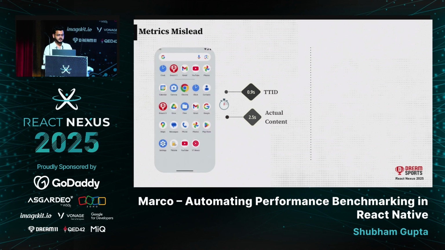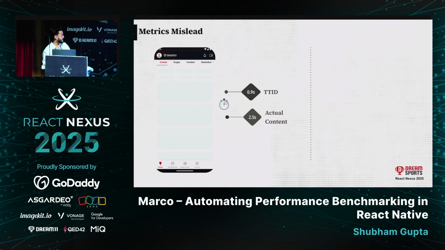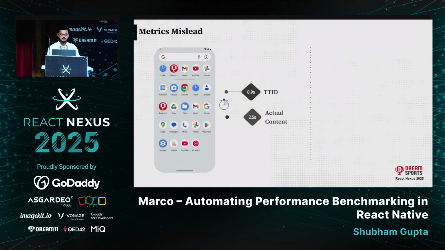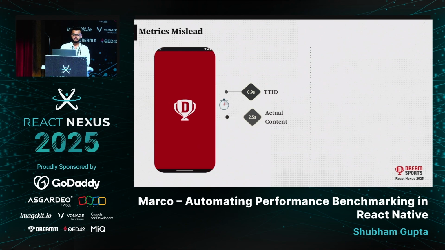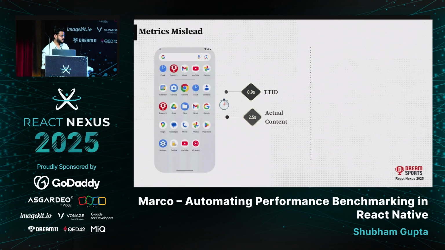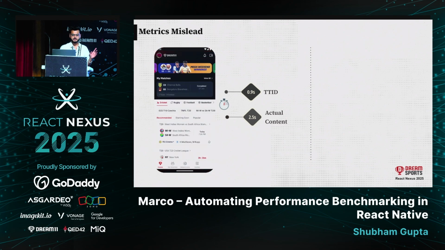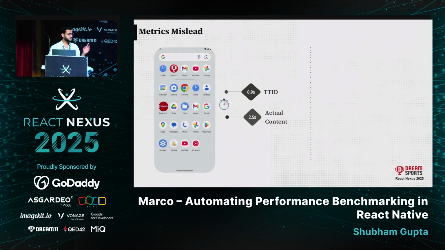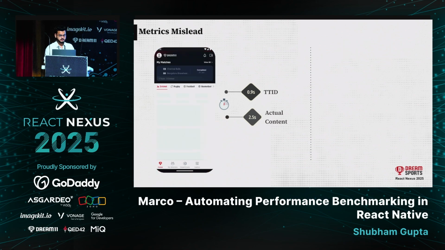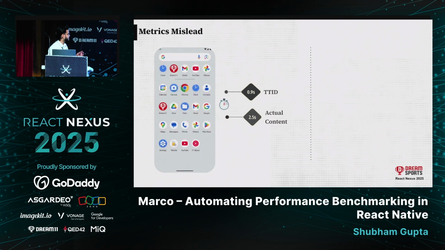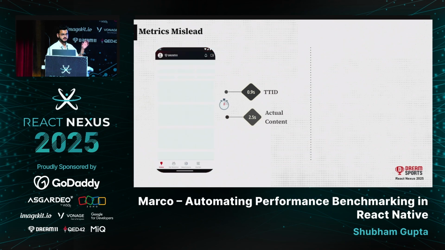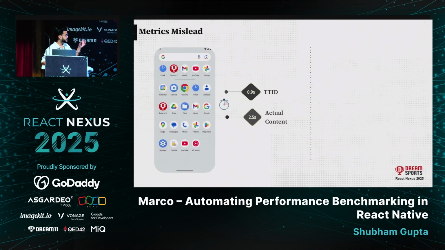Talking about app startup time, here we usually get TTID, which stands for time to initial display, and this tracks when the very first frame of your screen is visible to the users. I just put some markers on the TTID versus when the actual content is visible to the user.